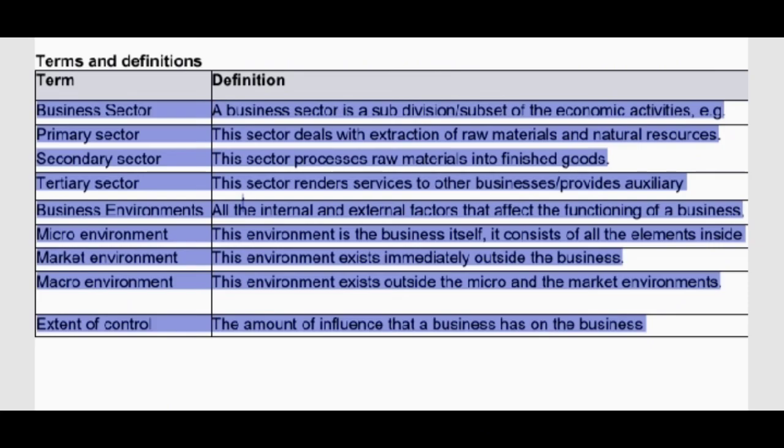Then let us hear what the tertiary sector does. Tertiary sector: this sector renders services to other businesses or provides auxiliary services. So the tertiary sector deals with transportation. Remember, the primary sector brings the resources that will be used to produce in the secondary sector.